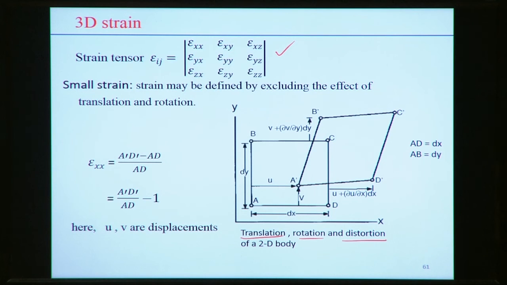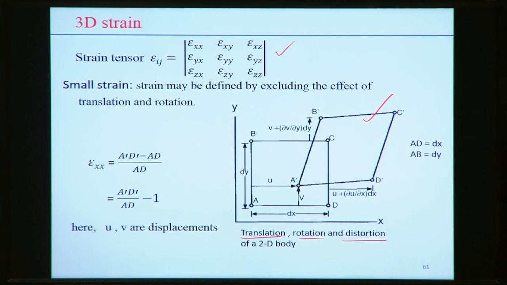If we look at this picture, the displacements along the x and y axes are represented by u and v. Now suppose A, B, C, D was the initial position, and after application of the load, this is the final position A dot, B dot, C dot and D dot. If we compare the final and initial positions, the final position is subjected to translation, rotation as well as distortion.